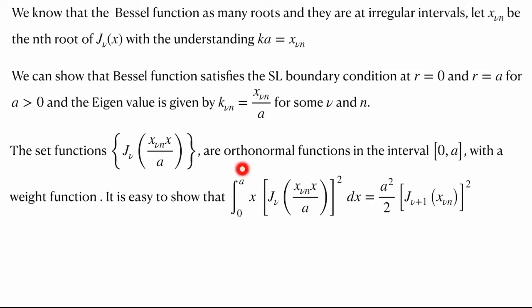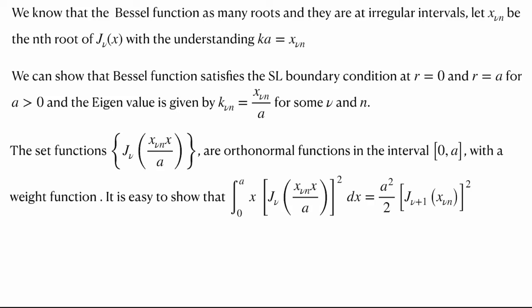The integral 0 to a of x, j nu of x nu n x by a, squared, is equal to a squared by 2 j nu plus 1, that one order becomes more. So x nu n is a root of j nu, not a root of j nu plus 1, so we can have this non-zero. This is what we have as the normalizing factor, j nu plus 1 of x nu n.